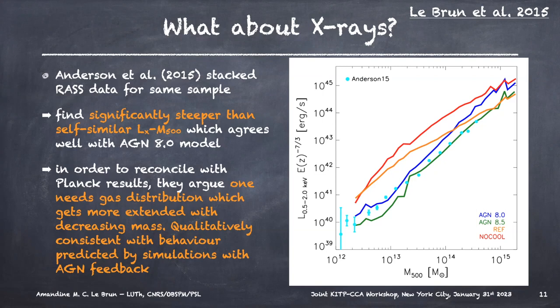And what they find is a significantly steeper than self-similar scaling between the X-ray luminosity in the soft band on the y-axis and the mass.